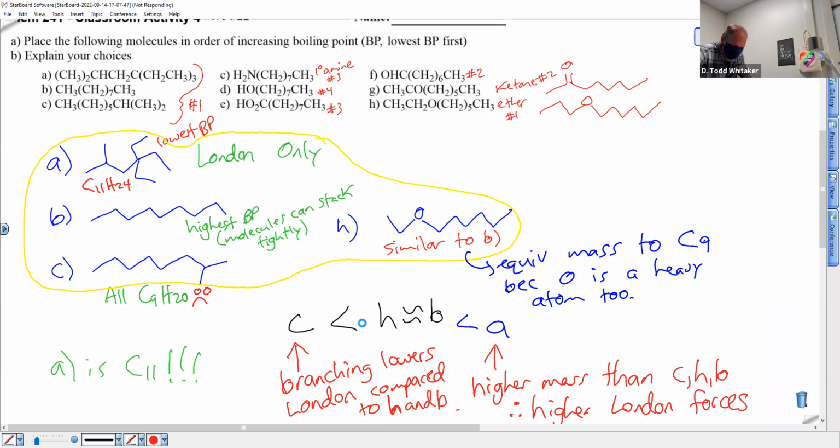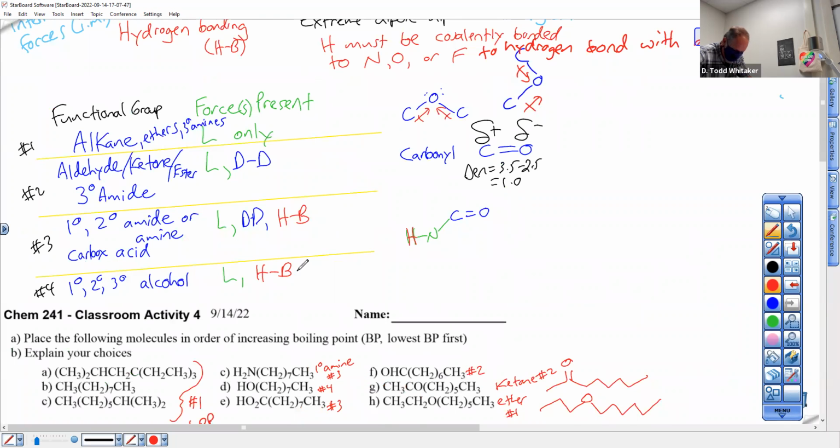So, intermolecular forces again. The hydrogen bonders. The category was, because these will be our best ones, right? The hydrogen bonders are all down here. Categories 3 and 4.